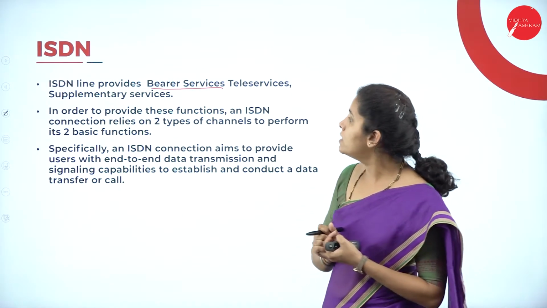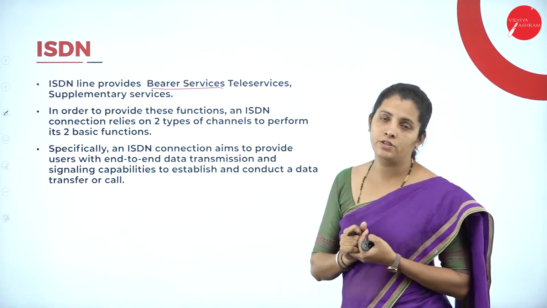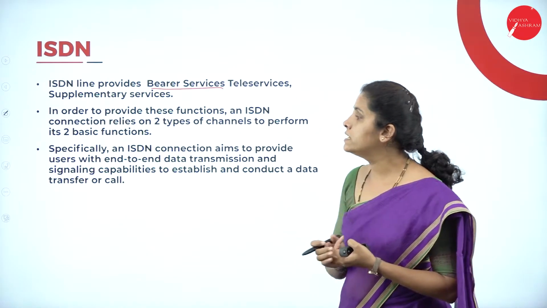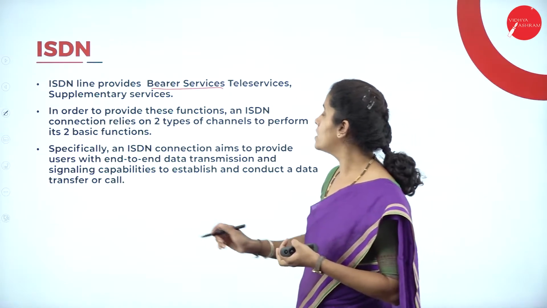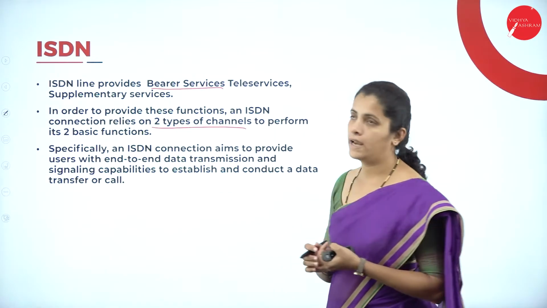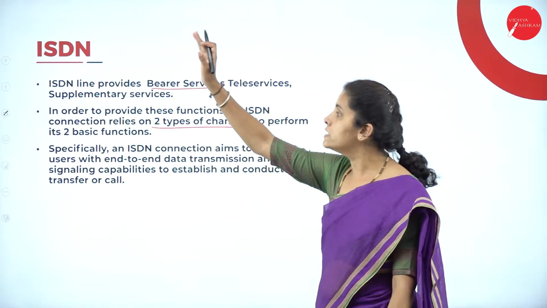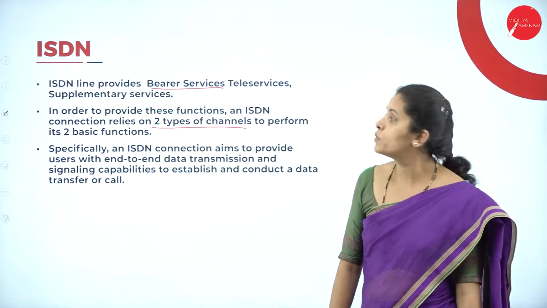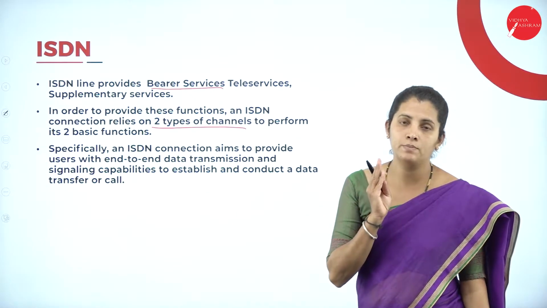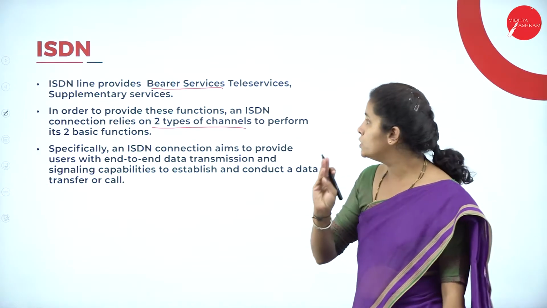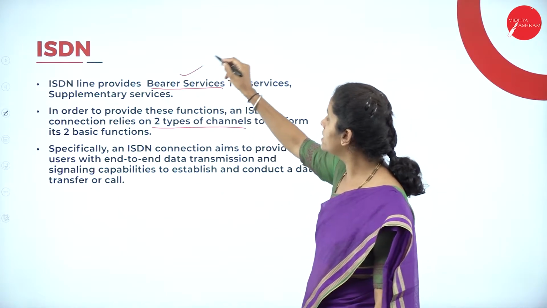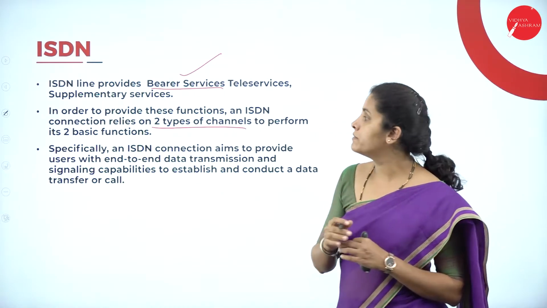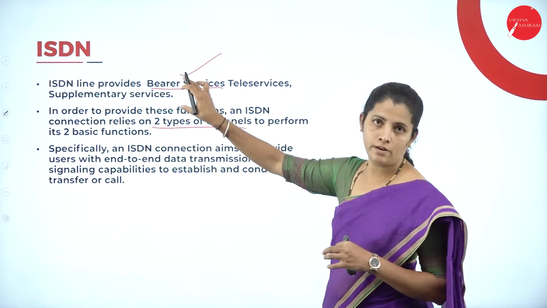services. In order to provide these functions, the ISDN connection relies on two types of channels. So here ISDN is mainly going to provide three different types of services to the user: bearer service, teleservice and supplementary service.